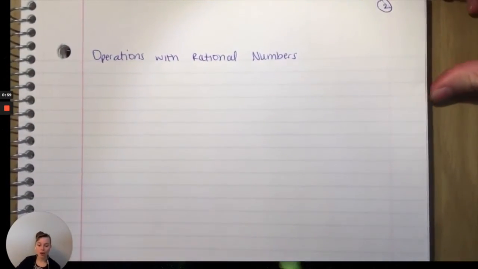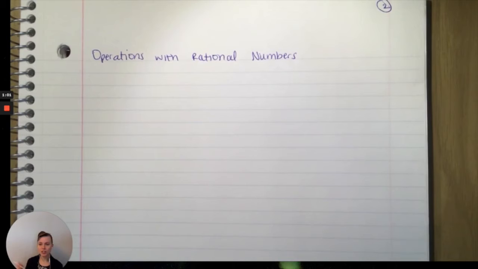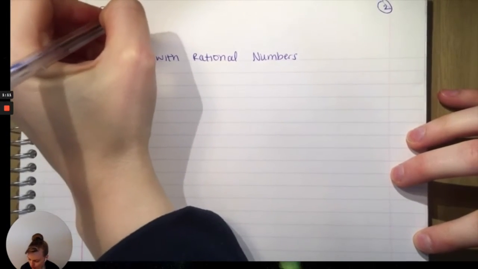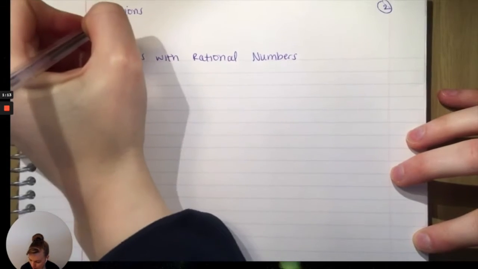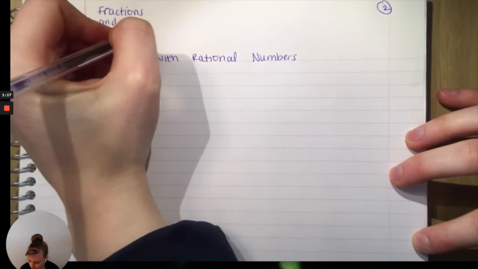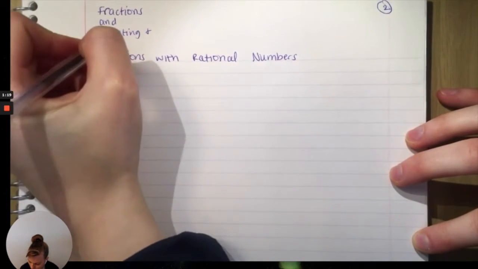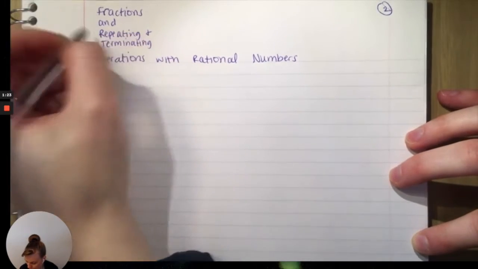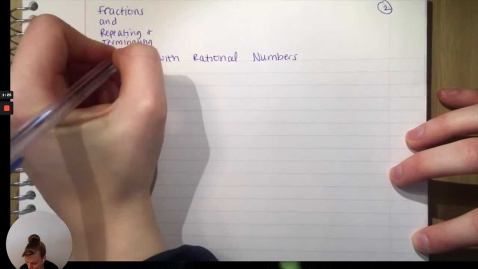And again, I'm going to write with a marker as we go through this. Actually, I'm going to use a pen for this, that way it's smaller. In the top margin, we're going to start with writing out fractions and repeating and terminating decimals.